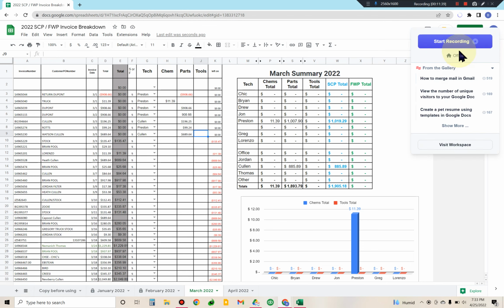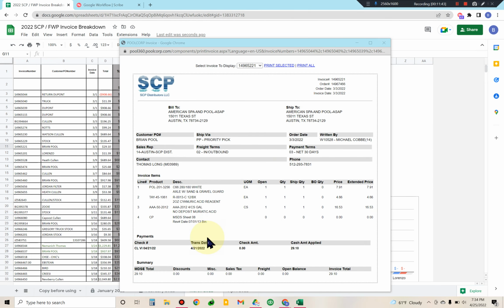I'm going to go ahead and go through the rest of these, and then we'll come back. Okay, here's an example of one that's a combination, where C66 is a part, and then this 2-ounce reagent is a chemical, a reagent, and then here is muriatic acid.